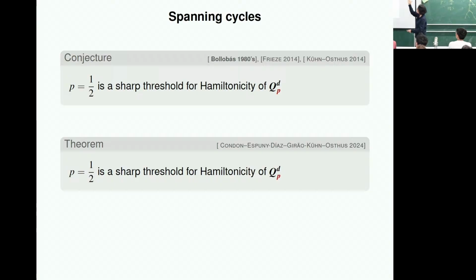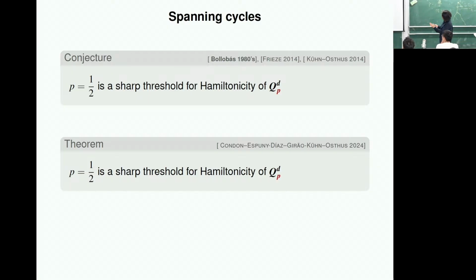Of course, some of the people left Birmingham, but nonetheless, it's a breakthrough result. I think it's published in the Memoirs of the AMS. So 1/2 is indeed a sharp threshold for Hamiltonicity. Perfect matching, Hamiltonicity have the same threshold. Indeed, it's the connectivity threshold, also the same.